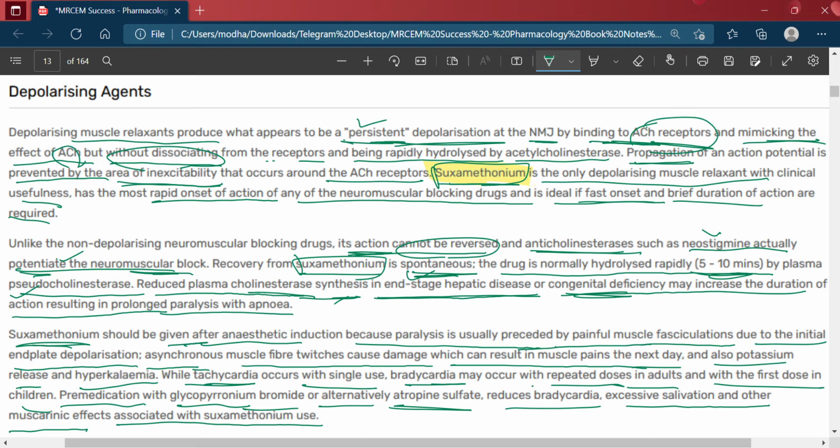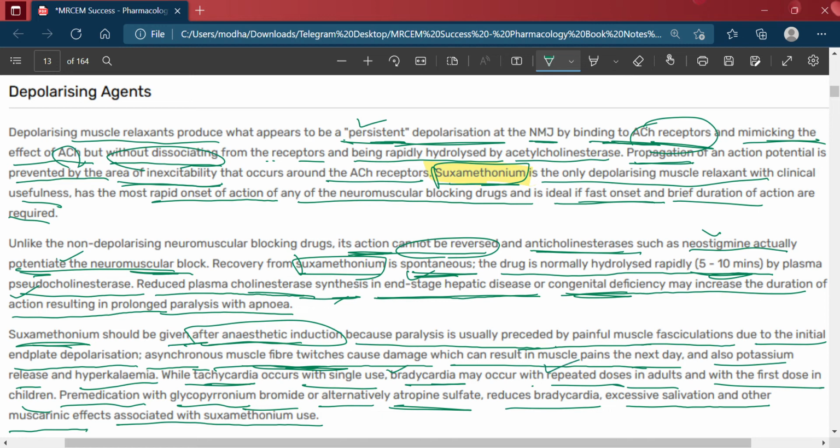So what we have learned here is that suxamethonium should be given after anesthetic induction, because paralysis is usually preceded by painful muscle fasciculation due to the initial end plate depolarization. Asynchronous muscle fiber twitches cause damage which can result in muscle pain the next day.